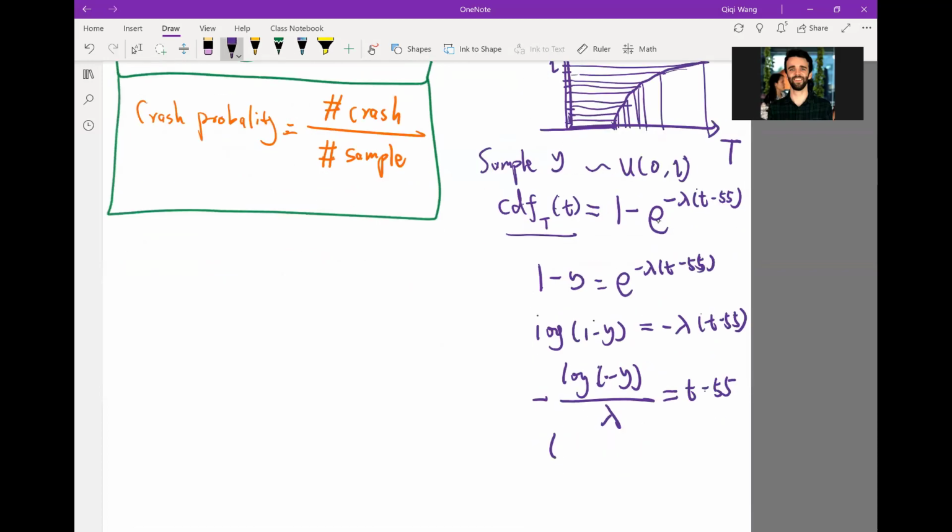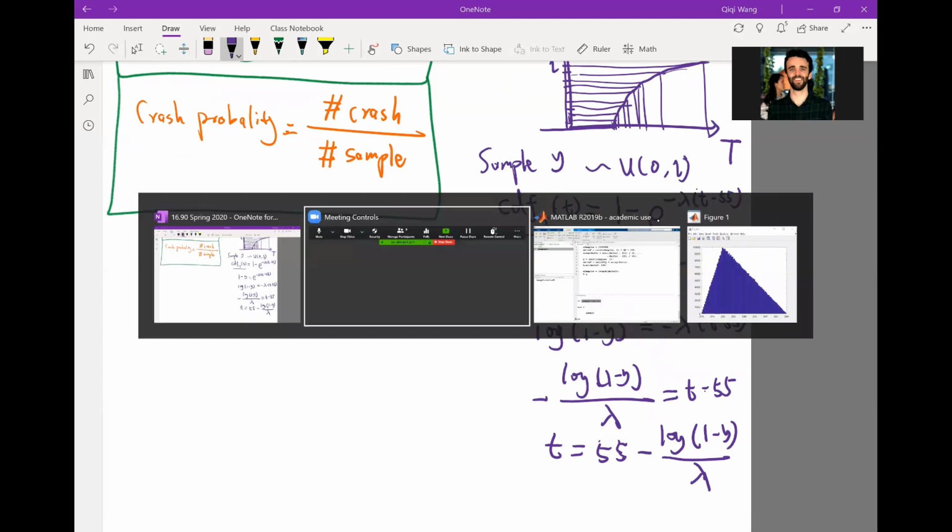So if we sample uniform on y, then I can compute my t as 55 minus log of 1 minus y, divided by lambda, which is 1 over 5 seconds.